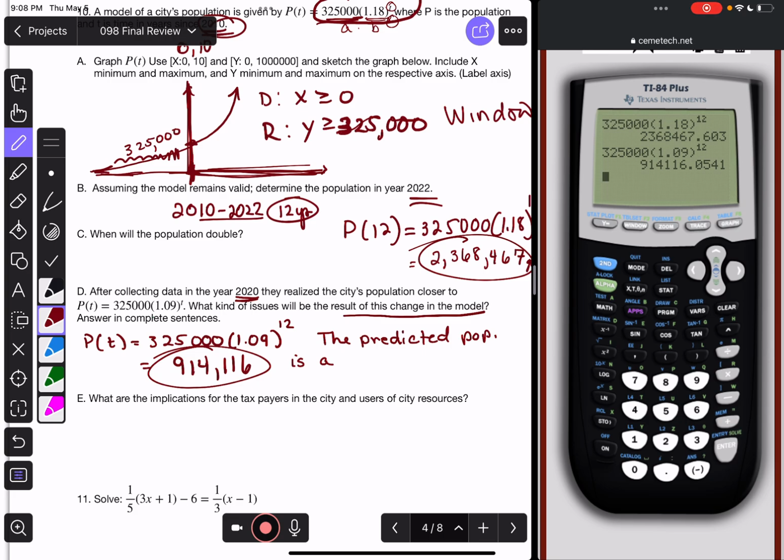This is just not even quite 1 million, and we had projected a little bit over 2 million. So it is about half, or how about the predicted population is about 2 times what it actually is. And growth rate is slowing.